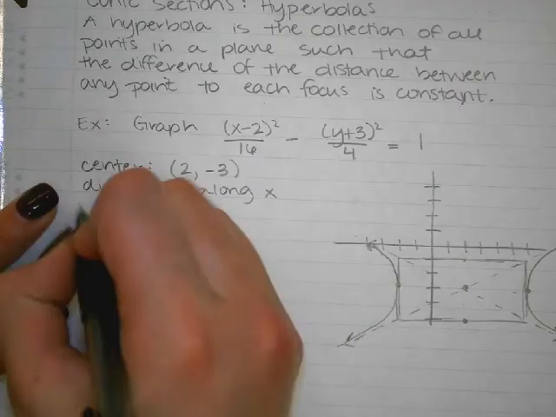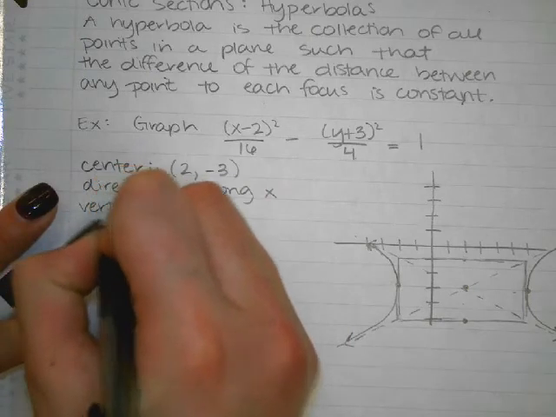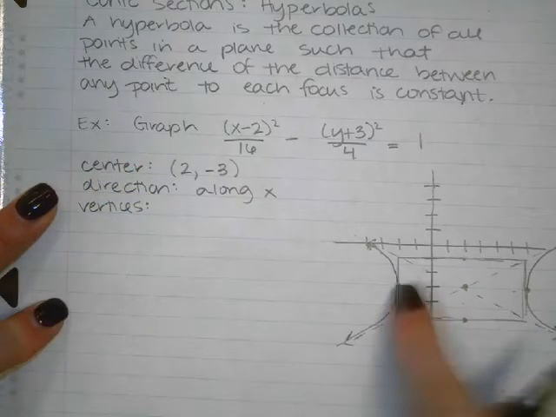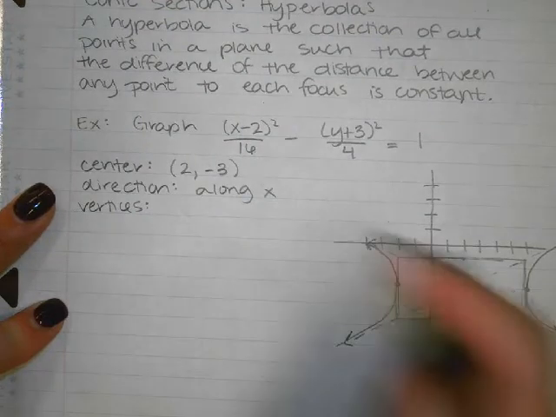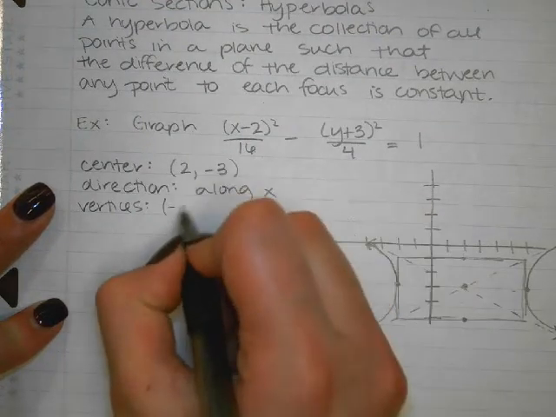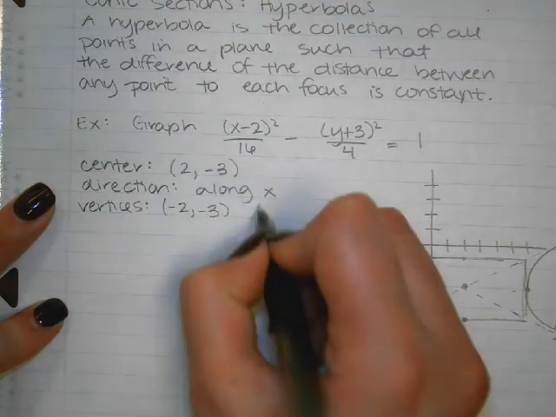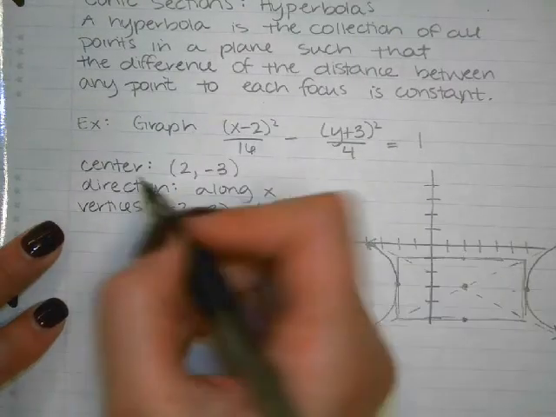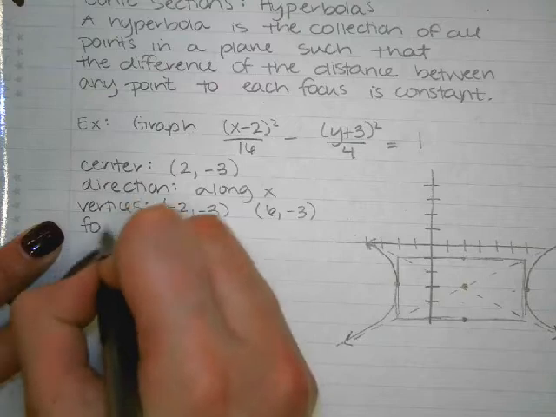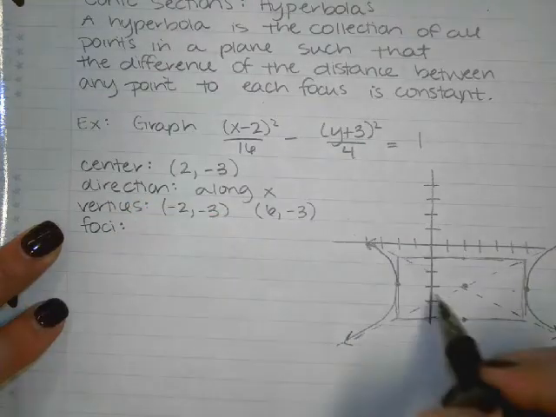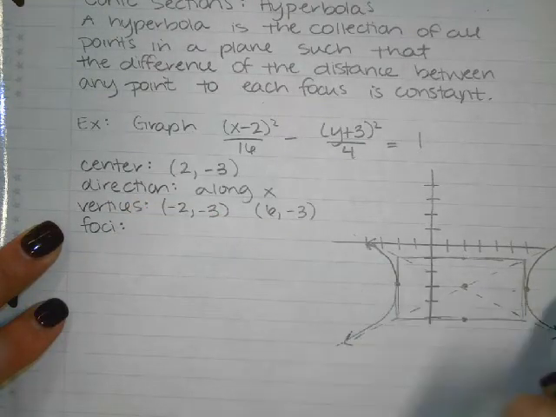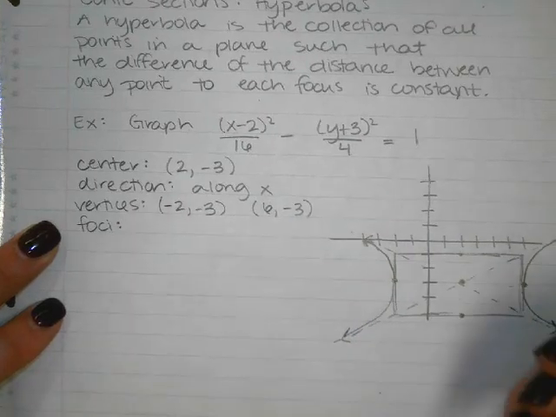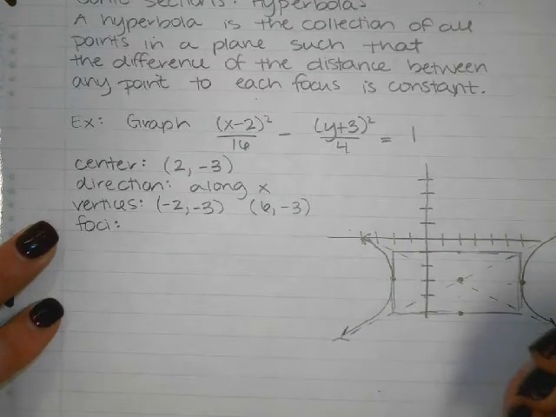So we have the vertices, which in this case were left and right, left 4 and right 4. So left 4 is (-2, -3), right 4 is (6, -3). I'll go ahead and find the foci, which is always along this kind of axis with the vertices, just like we remember learning for our ellipses.